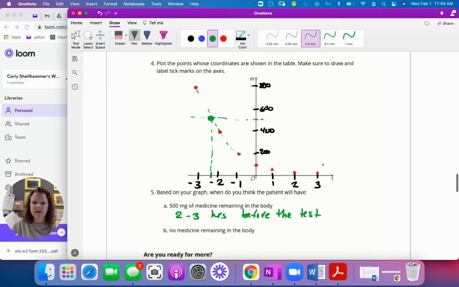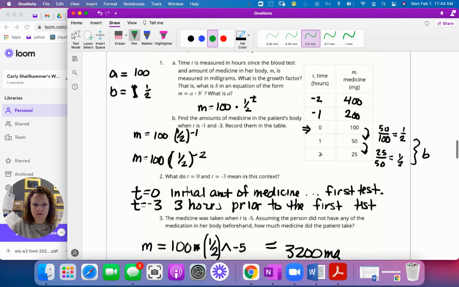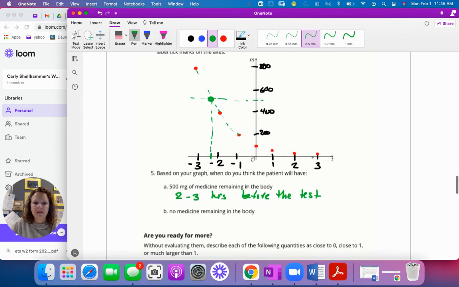And then no medicine in the body? Goodness, at 3 hours, did you have that in the table? So at 3 hours, we're at 12.5. At 4 hours, we're at 6.25. At 5 hours, we're at 3.125, 6 hours. Can't do that kind of division in my head anymore. 1.56, right? We're at about 0.